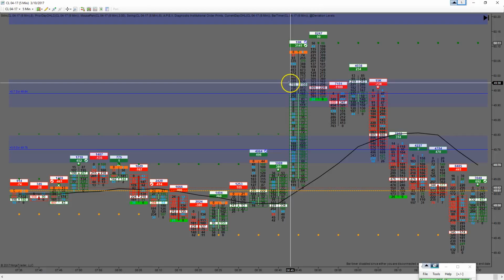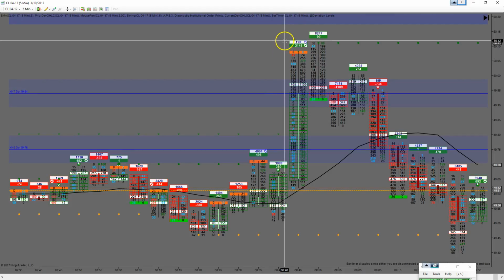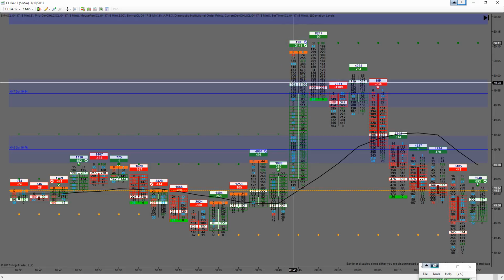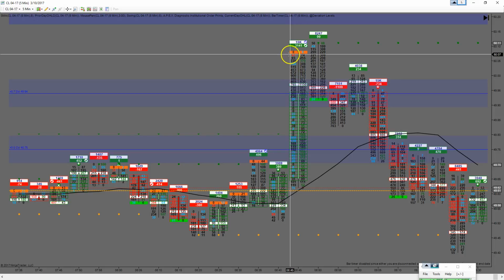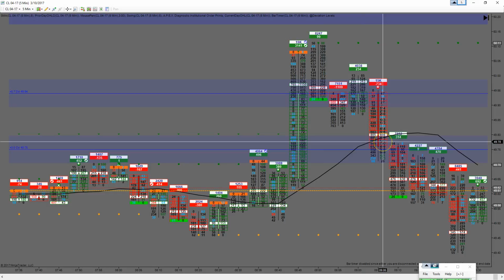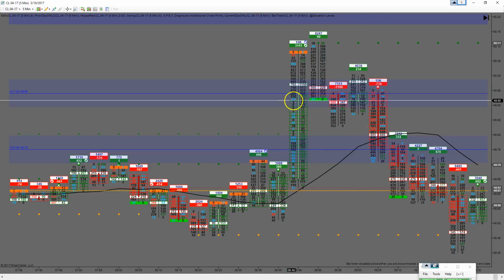So what you're going to do is count up 9 to 19, and if it breaks the 19, this cluster becomes invalid. So 1, 2, 3, 4, 5, 6, 7, 8, 9, 10, 11, 12, 13, 14, 15. So it reached 15 ticks before a reversal, but you have no idea if that's going to work out real time.